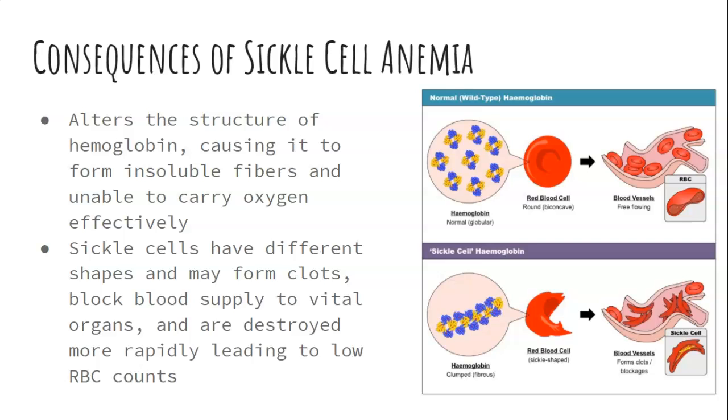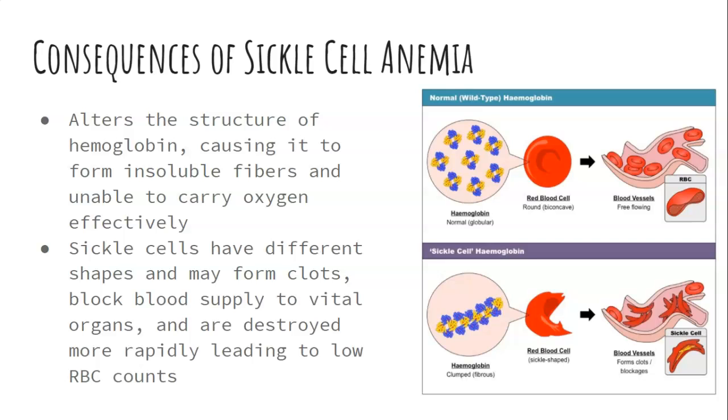So let's talk more about sickle cell anemia. Like I mentioned, it changes the structure of a red blood cell, and it causes it to be unable to carry oxygen effectively. It's shaped like a sickle, which is why they call it sickle cell anemia.